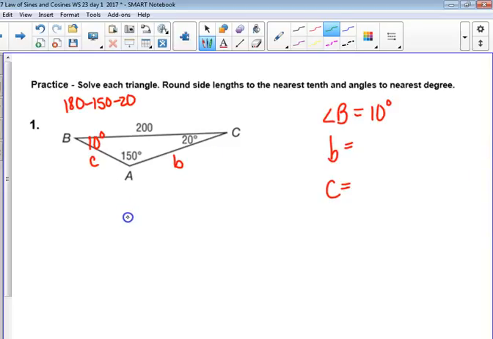Who can tell me how to set up to find side B? Sarah? Good job.